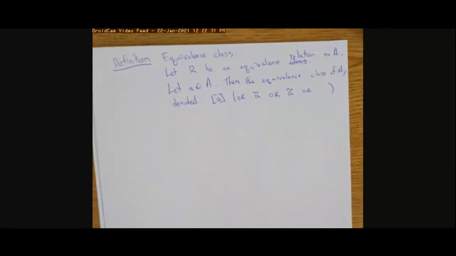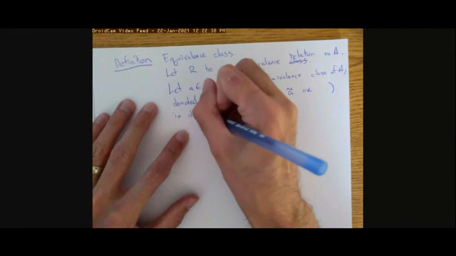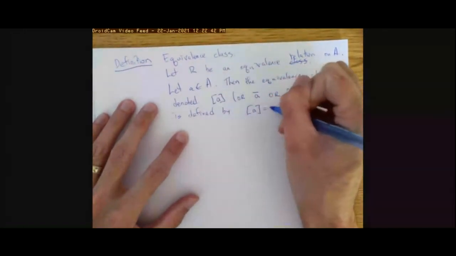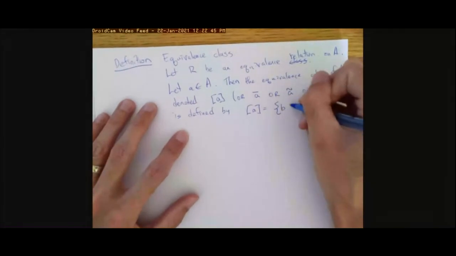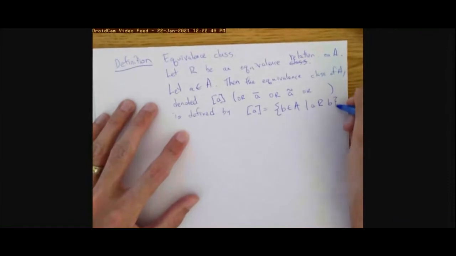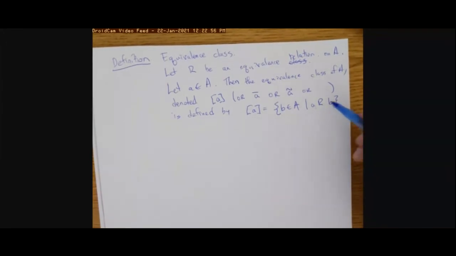And then this is defined to be the set of all b's such that a is related to b. So start from a and grab everything that is related to a, and put it in a set. That's called the equivalence class.